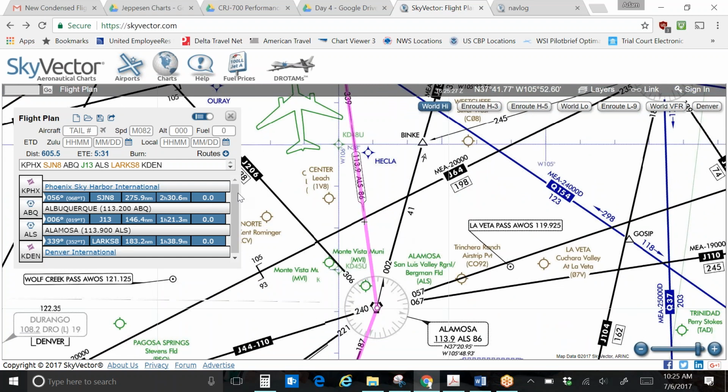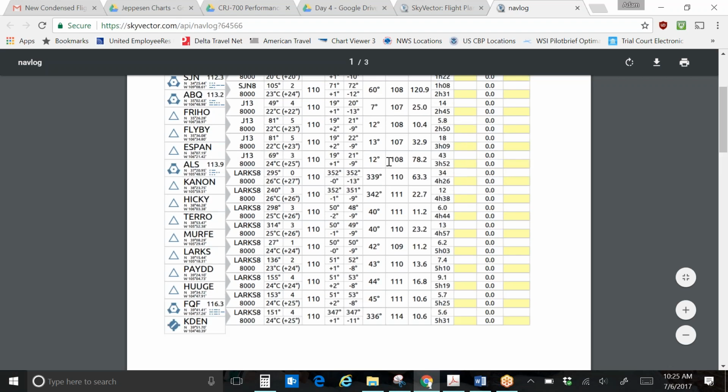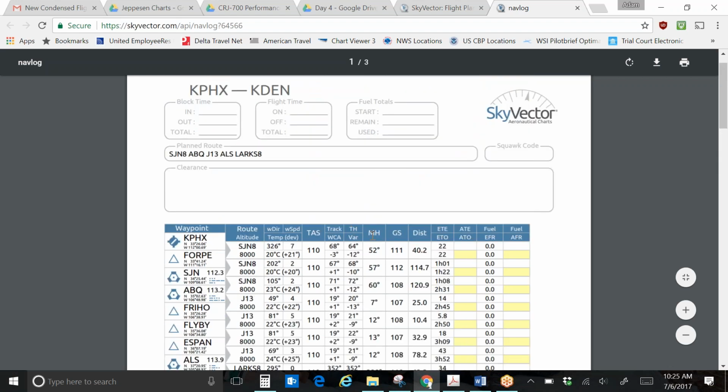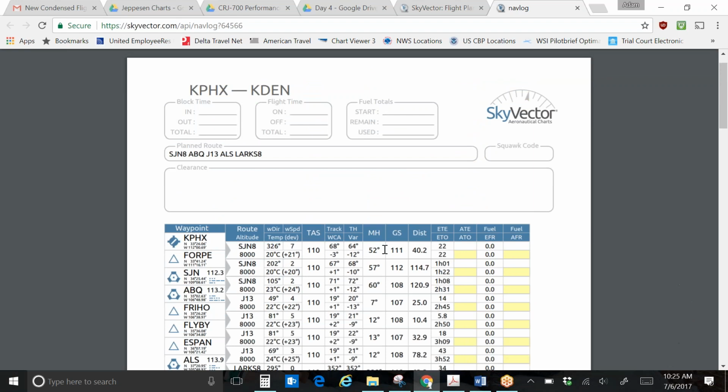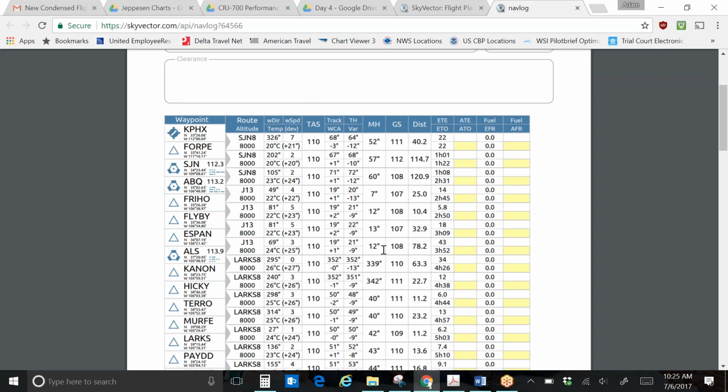So it's not giving us an actual one off of here, so we are going to need to go into the nav log, take a look from Alamosa to this Canaan intersection. It looks like that heading is 339. It looks like the actual track is 352. So we're going to go off of the 352.